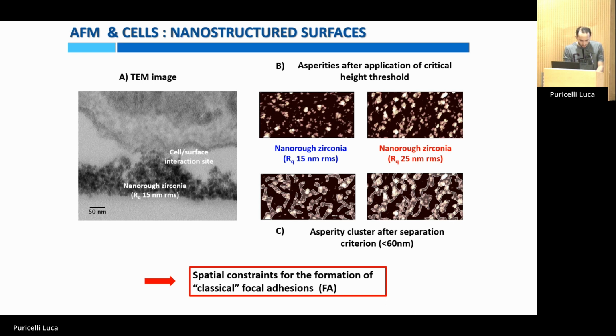We could study the interaction site of the cell surface, the cell membrane, and the underlying nanorough structures, to see that actually the cell was not following the entire profile, peaks and valleys of the nanostructured surfaces, but was focusing mainly on some peaks depending on their area and their aspect ratio, and it was providing some spatial constraints which were then telling the cells, from mechanotransduction paths, whether to grow classical focal adhesions or a different kind of adhesion, so at the end influencing the final state of cells.